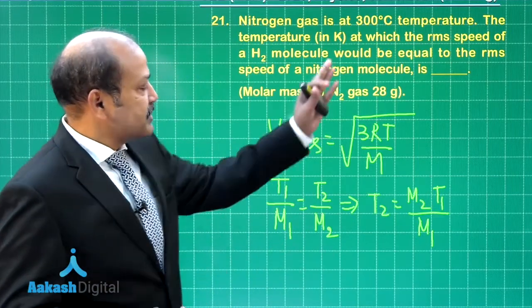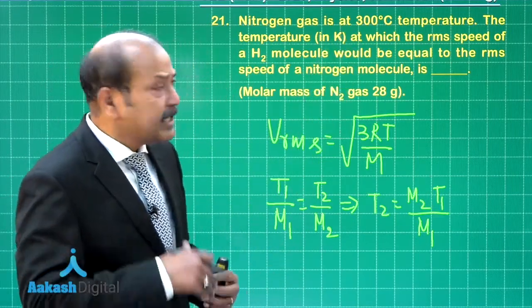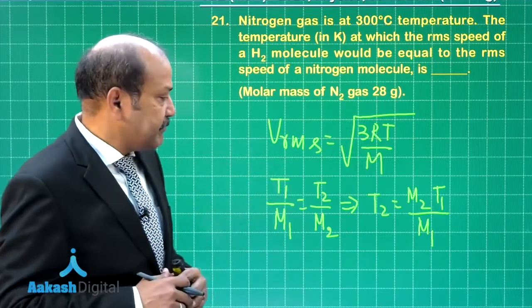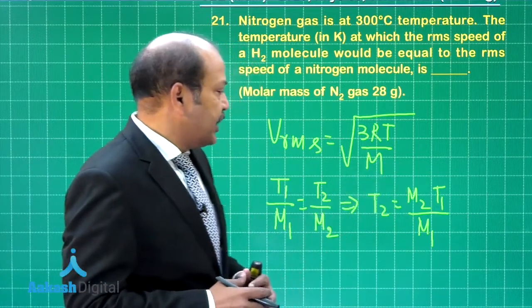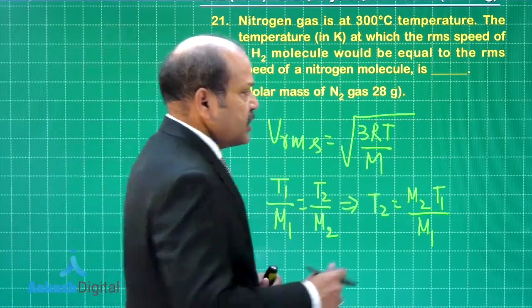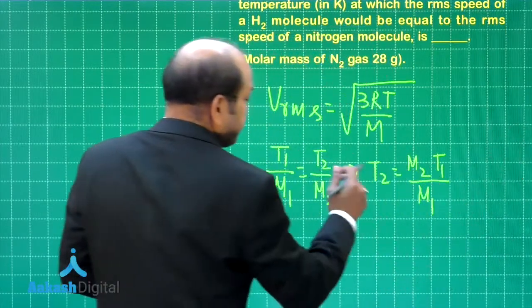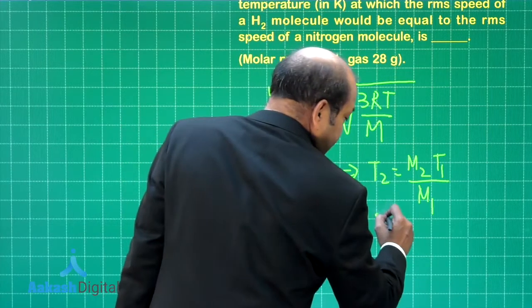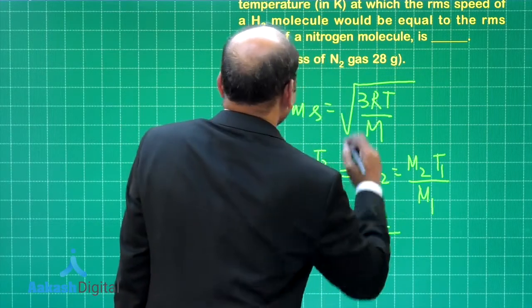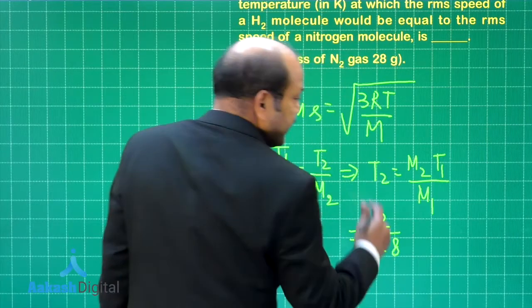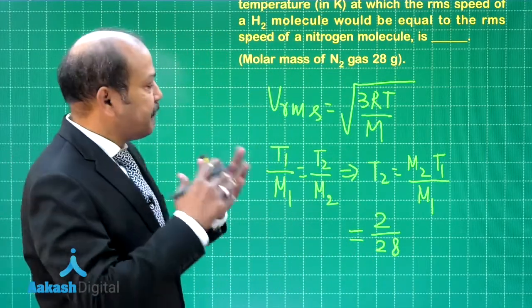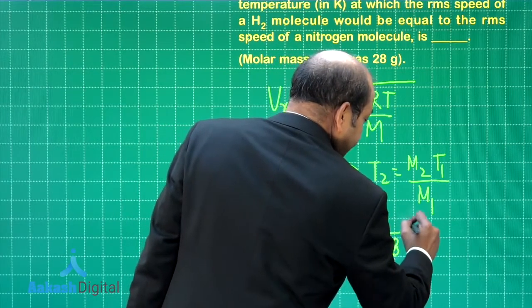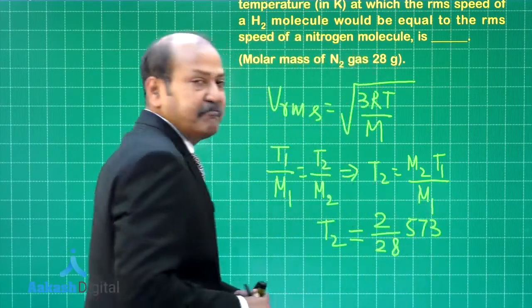Yes, T1 is 300 degree centigrade plus 273, that is 573 Kelvin, and M2 by M1 values are known. Putting those values, M2 is 2 gram, M1 is 28 gram, and T1 is 573 Kelvin.